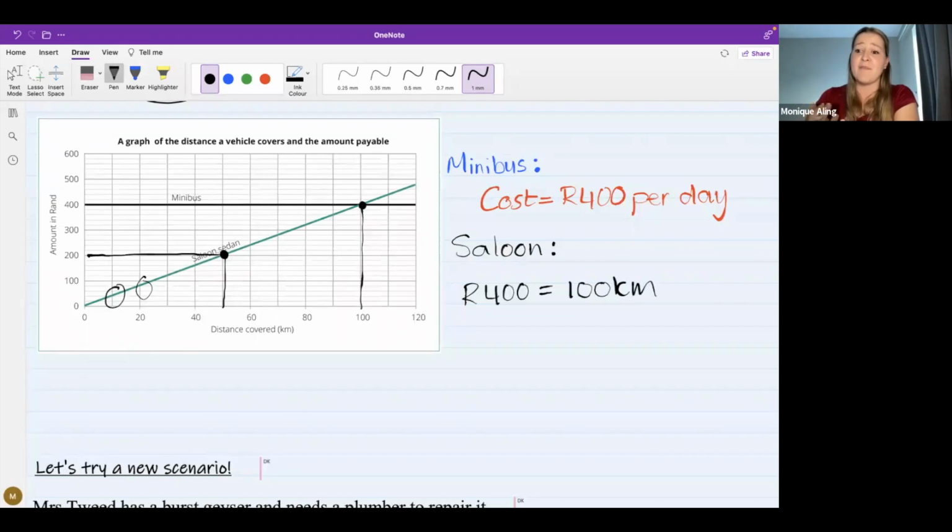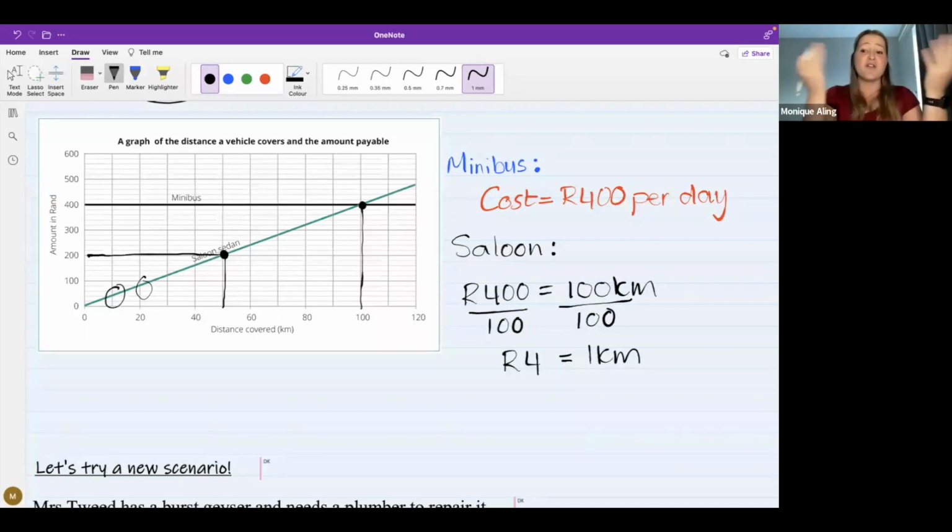If I want to know how much it is for 1 kilometer, so we can make a formula, I just divide by 100, which will show me that it is 4 Rand for 1 kilometer. So it's not always easy to read off the graph, so always find a definite point. Now that I know how much it is for 1, I can make a formula.